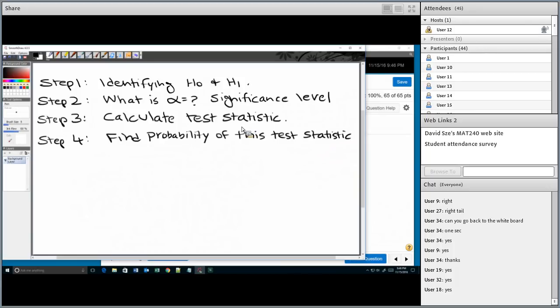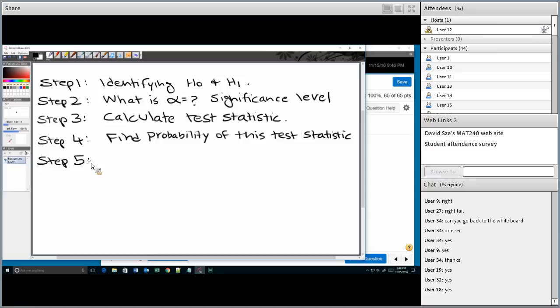So whatever value you find for this test statistic, what is the probability of getting that test statistic or more or less? If that probability is very, very small, then it will help us make a conclusion about the null hypothesis. And again, we will do this when we go to problem 7.